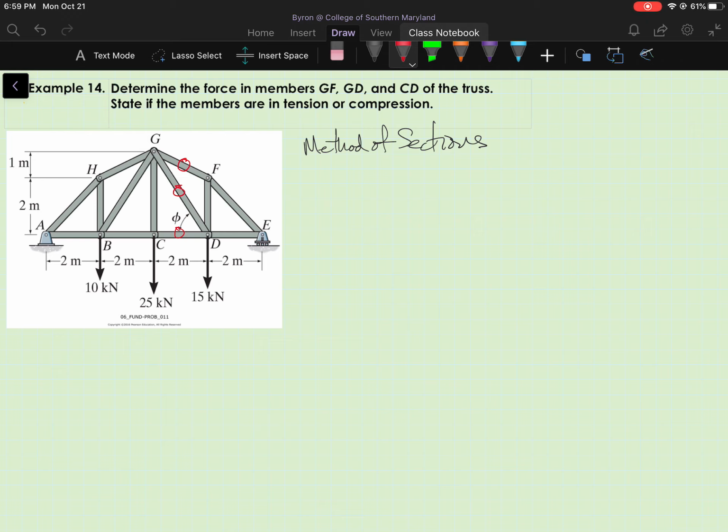There'll be too many unknowns for the equations available. And by cutting through those members, I will have cut the truss entirely into two pieces. So let me do that cut here.